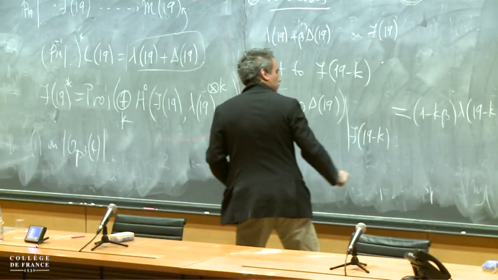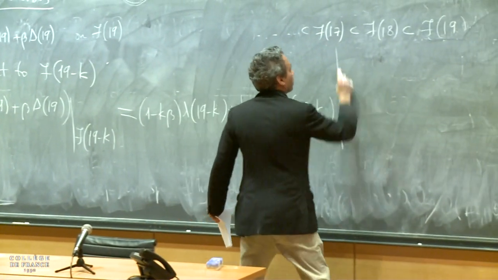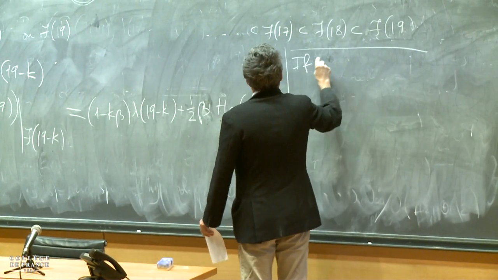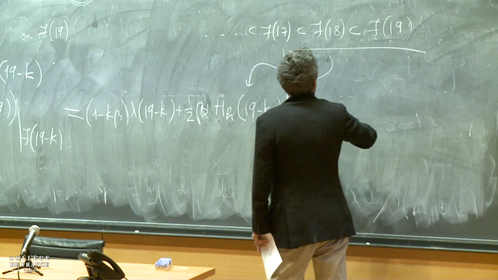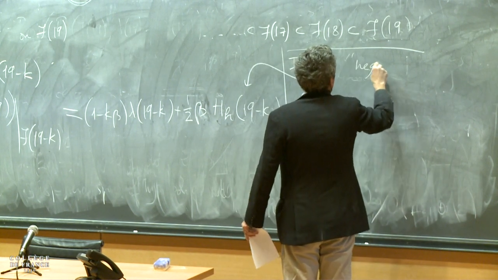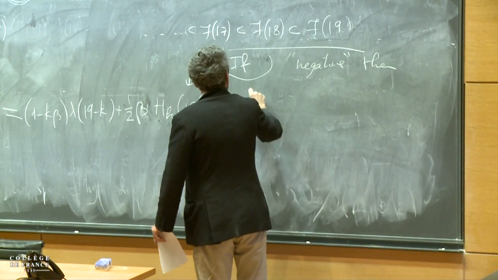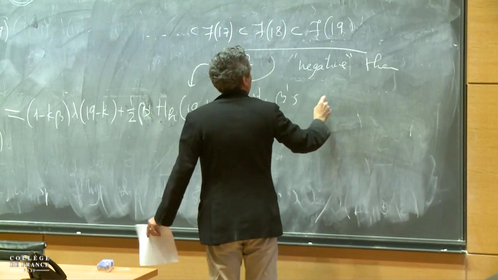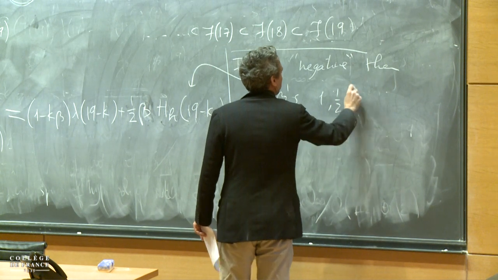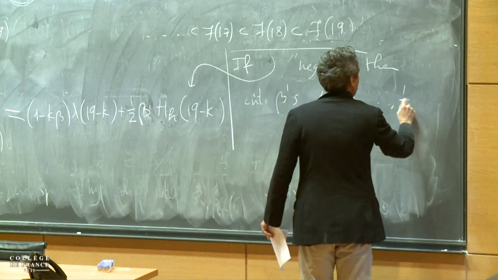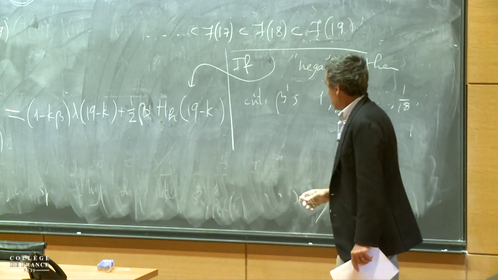So let me say, if this thing here is in some way negative, then the critical values are 1, 1 over 2, 1 over 3, all the way down to 1 over 18 or something. Okay?